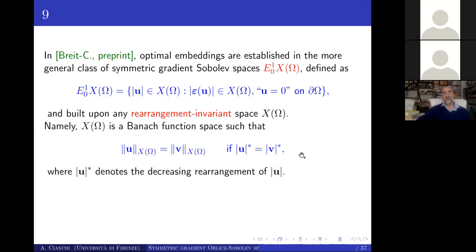So in a sense, these kinds of norms only take into account the size of a function, but not finer properties like oscillations or derivatives, these kinds of things.